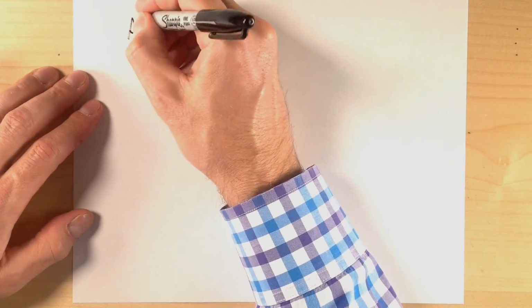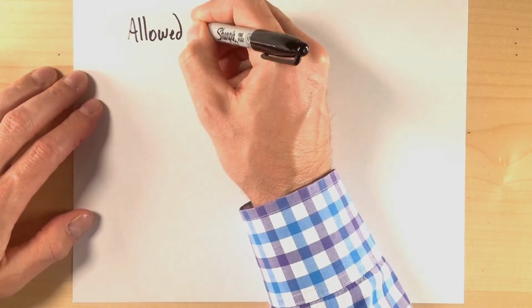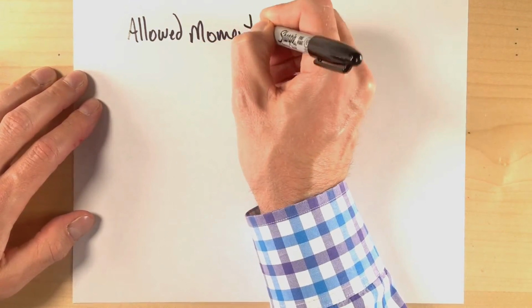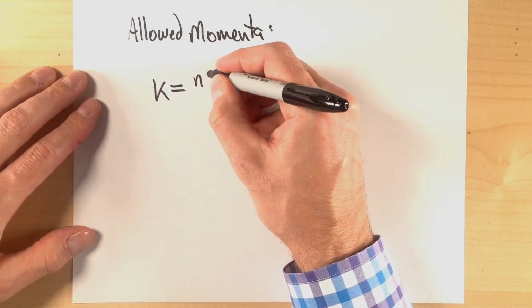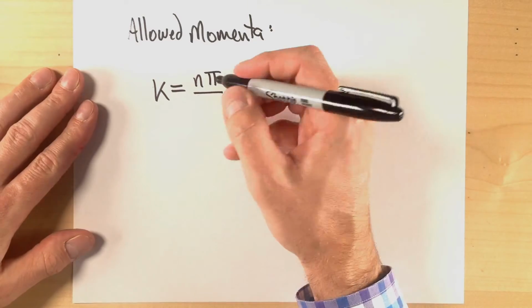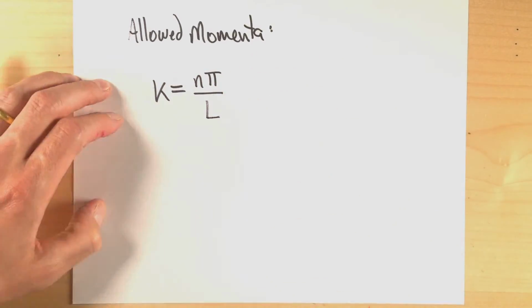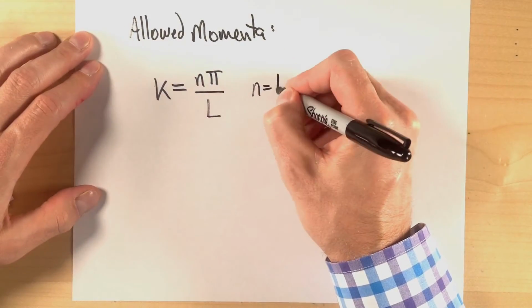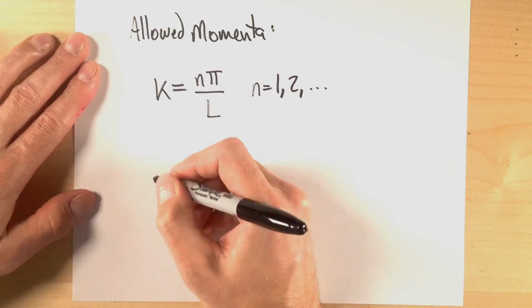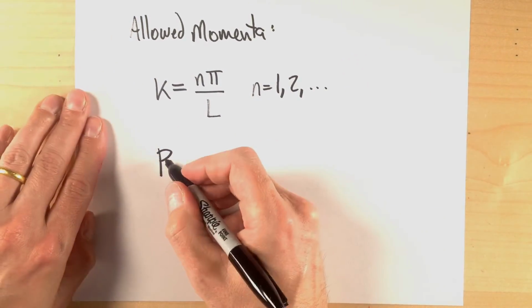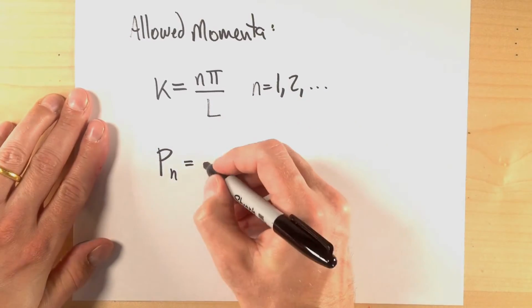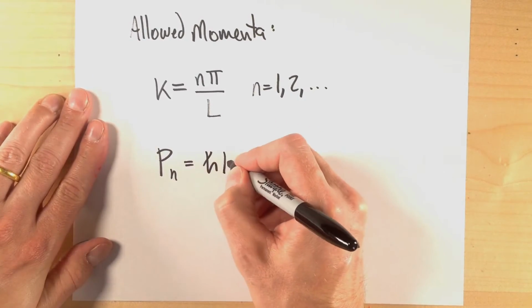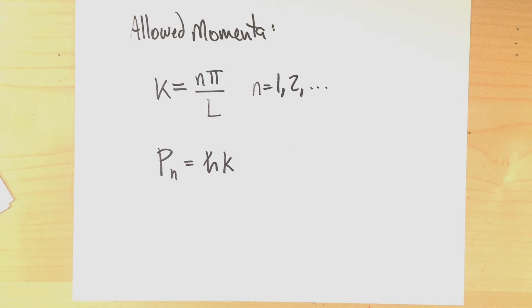All right, so what does this mean in terms of momenta? Well, let's write that down for the infinite potential well. This k constant, the wave number, in fact, it's called, takes on these values, and the momentum for that integer or quantum state is equal to h bar times k.